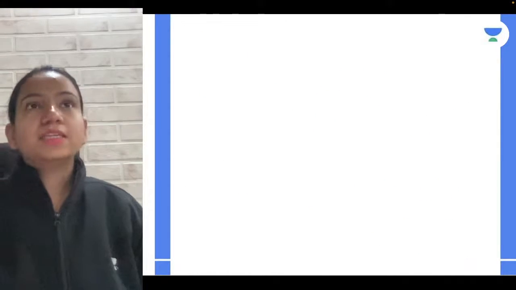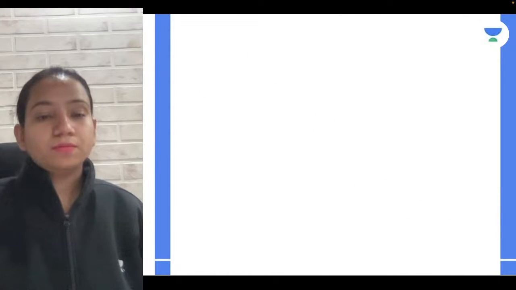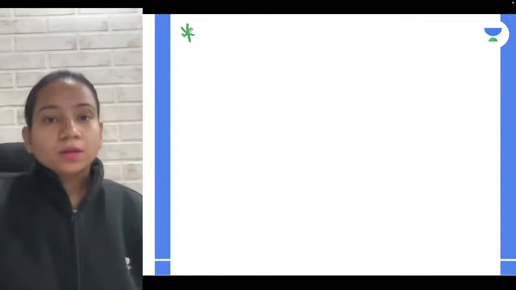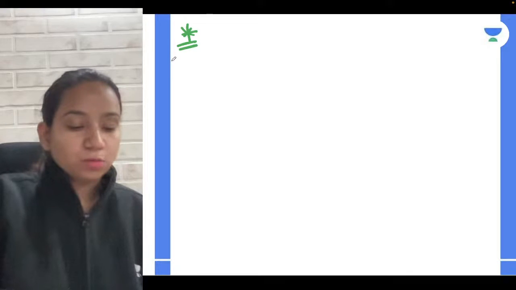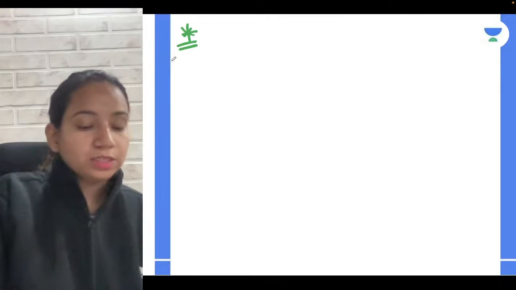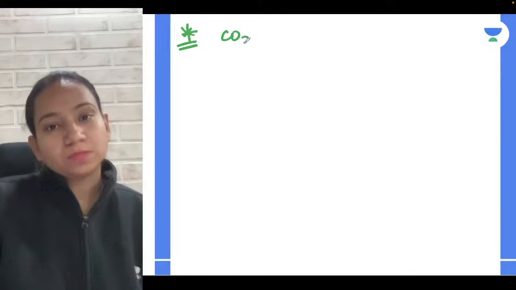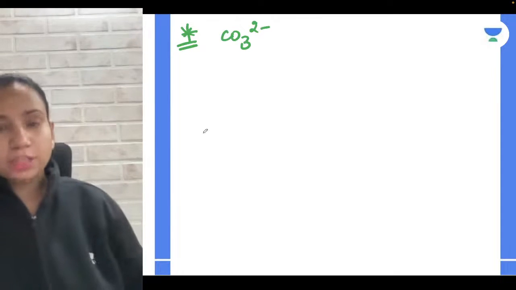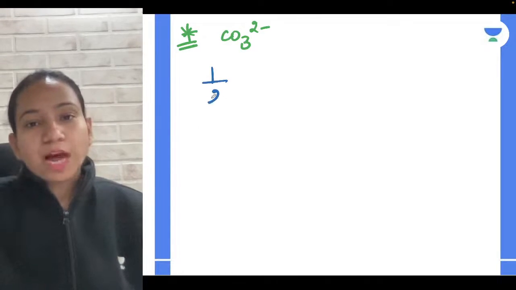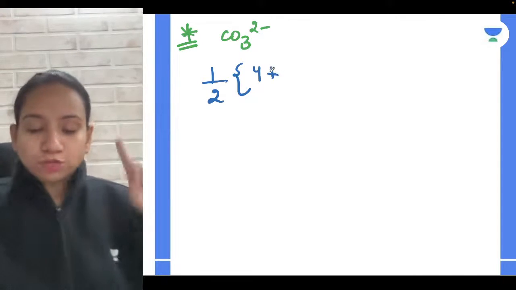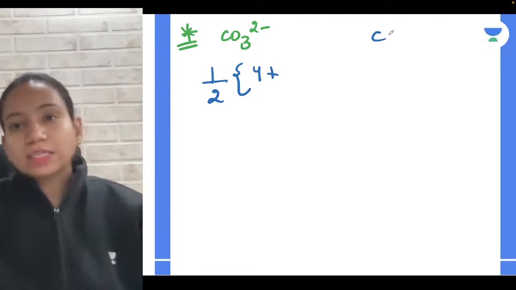Now one more example, let's discuss. Let's see how many of you will be able to tell. Suppose you have to tell CO3 2 minus, carbonate. How will you do that? Again simple. The central element is going to be carbon, because it is less electronegative, which contains 4 valence electrons.